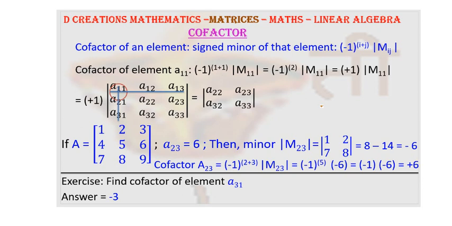So you do not have to change the sign because a plus sign is not going to make any difference. But for example, if you are dealing with A12, where you have i as 1 and j as 2, the addition is going to give you an odd number. 1 plus 2 is 3, which is odd. So obviously minus 1 raised to an odd number will give you minus 1 back.